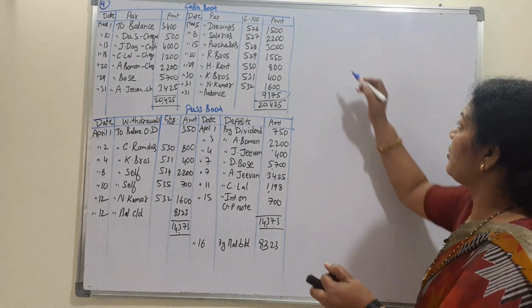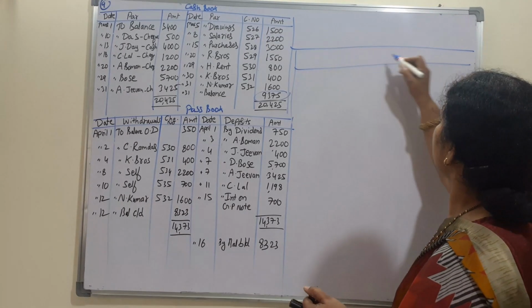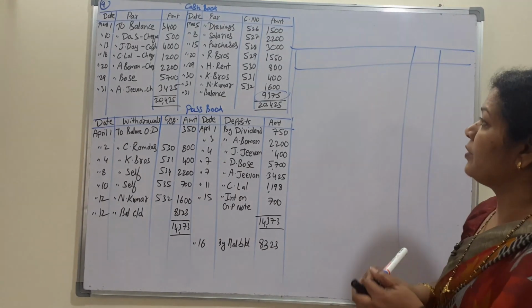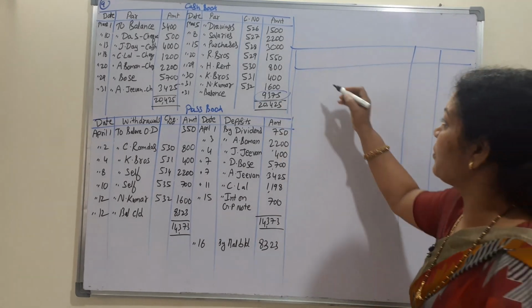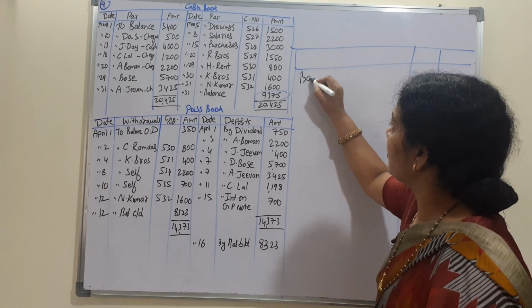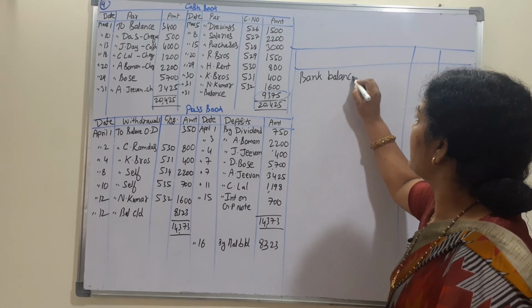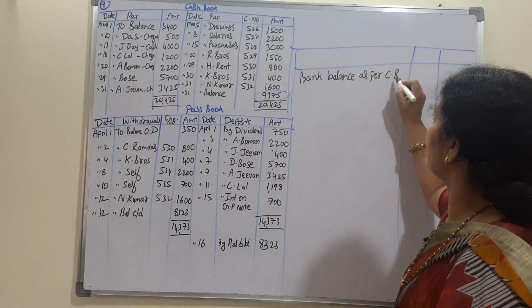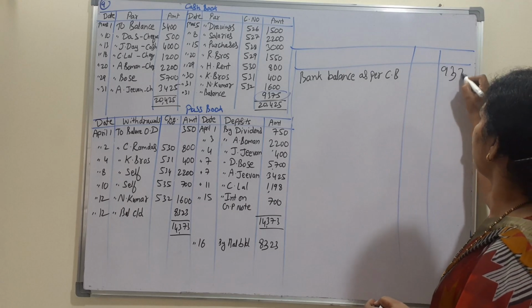So first we'll draw this. What do we take? Bank balance as per cash book, 9,375.